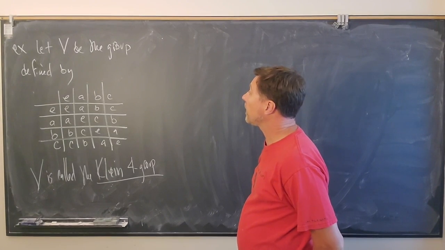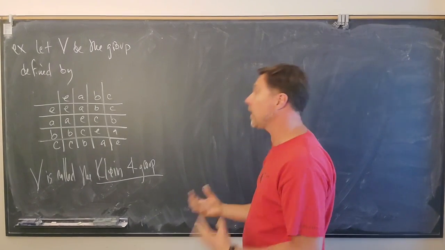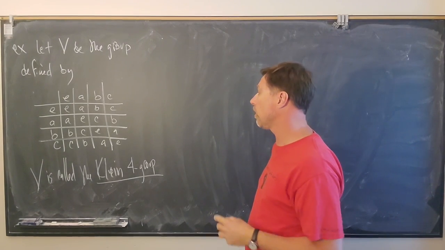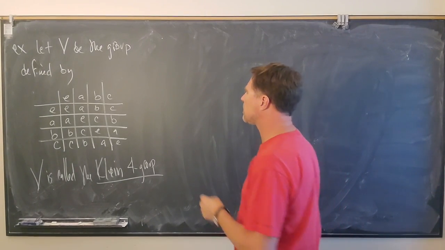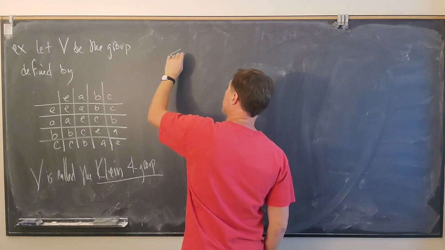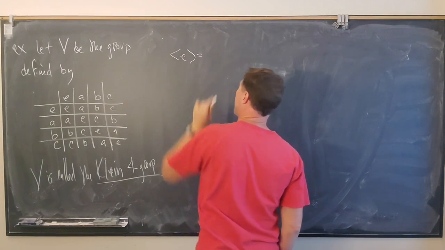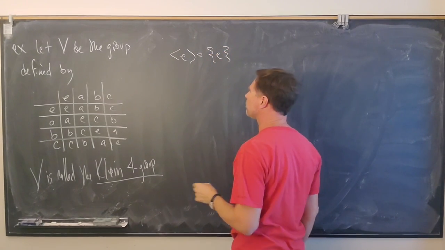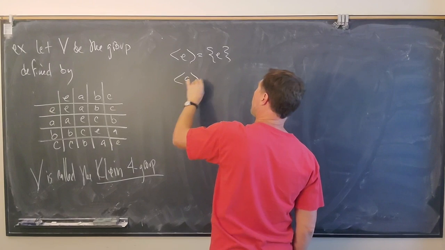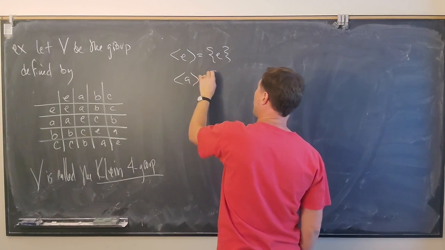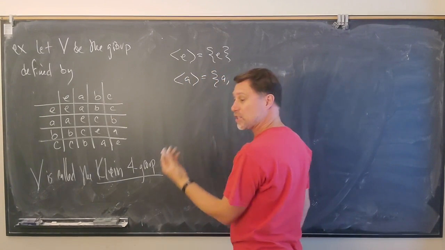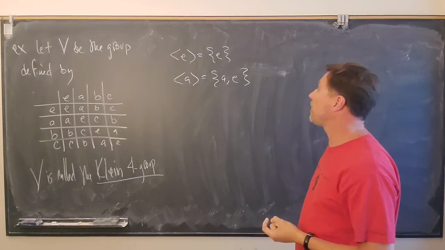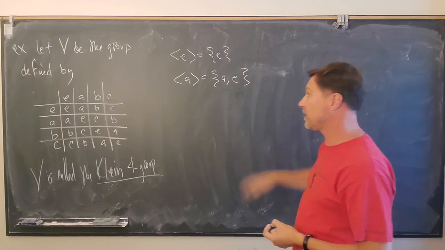Cyclic or not? If it's going to be cyclic, then there is some element in there so that when we look at all possible powers of that element, it gives us all of V. So let's just look at the cyclic subgroup generated by E. That just consists of E itself. The cyclic subgroup generated by A: it's going to have A, and then A squared is the identity, A cubed is A. So the powers of A are either A or the identity.